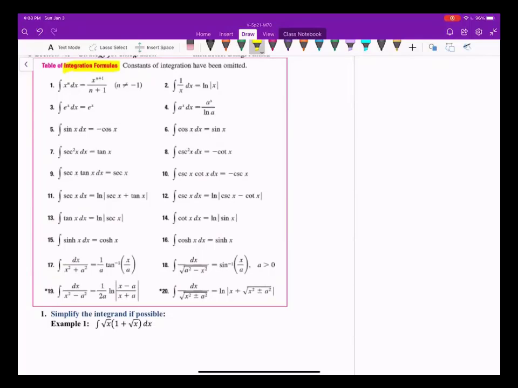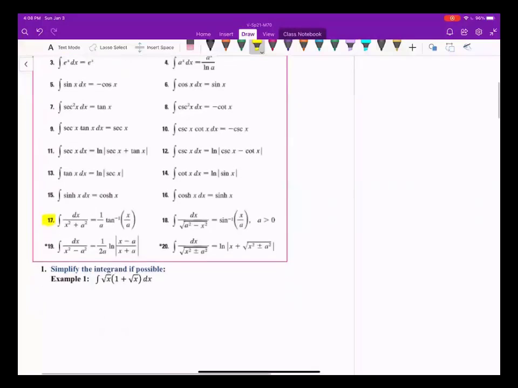You can refer to your handout for these formulas. Some formulas are basic, some we actually derived, and some of them can be derived. It's worthwhile memorizing them because we will be using them quite often in the upcoming sections and chapters.